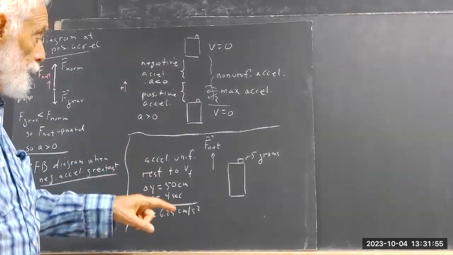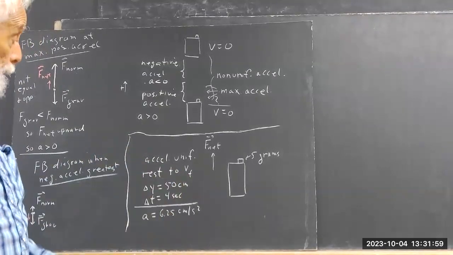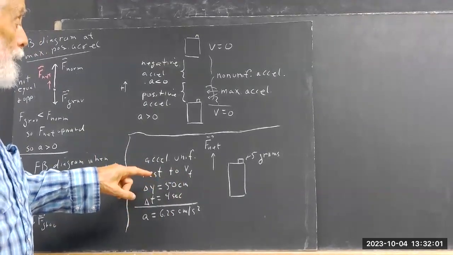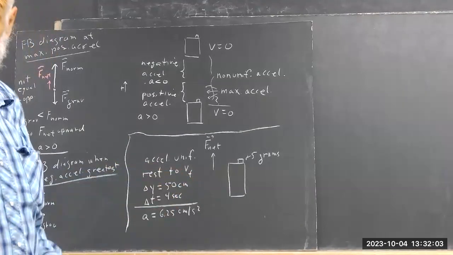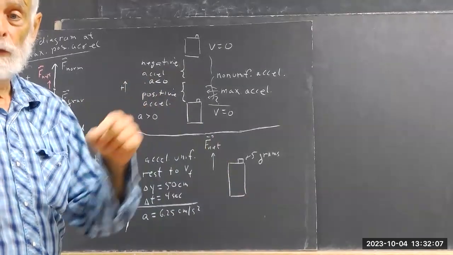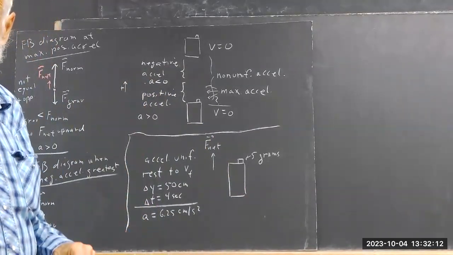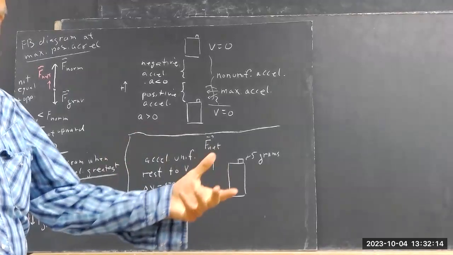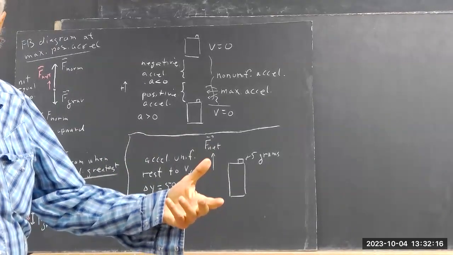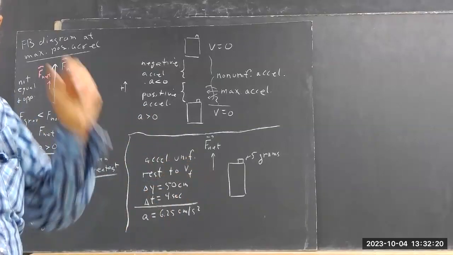My initial velocity was 0, from rest to Vf, right? So my average velocity has to be the average of 0 and my final velocity. So the question becomes, what would I average with 0 in order to get 12.5 centimeters per second? Well, it has to be 25 centimeters per second. So my final velocity has to be 25 centimeters per second.